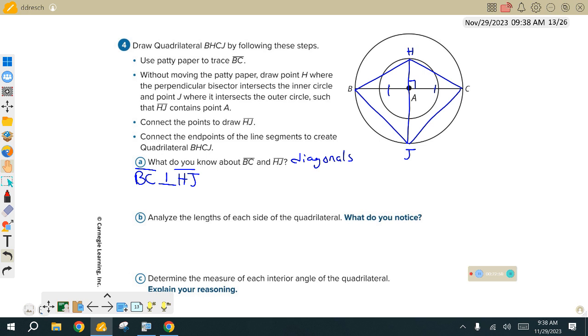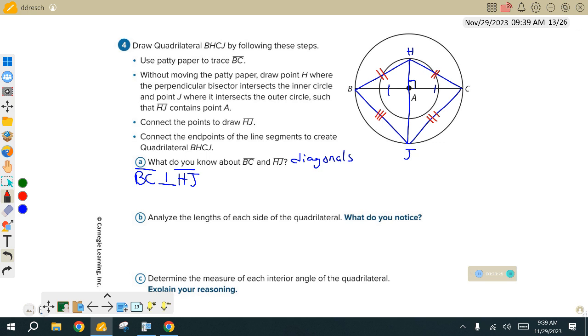Now, so we can finish this up today, the other thing about a kite is this. On a kite, these two sides are congruent to one another, and these two sides are congruent to one another. So in a kite, we have two pairs of adjacent sides that are congruent.